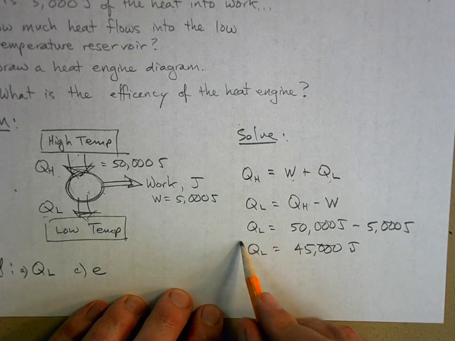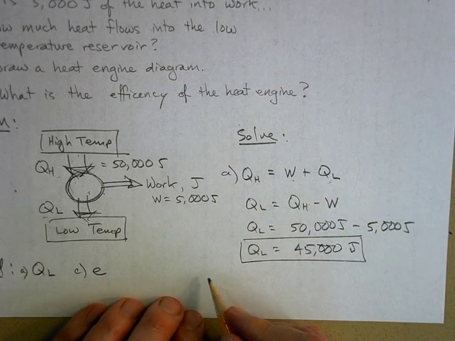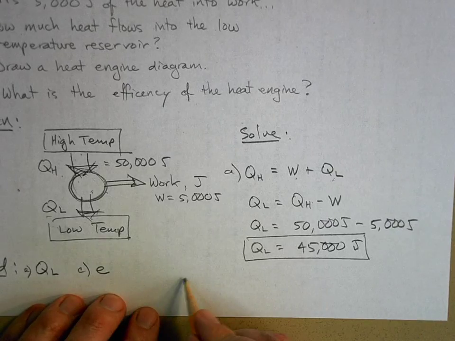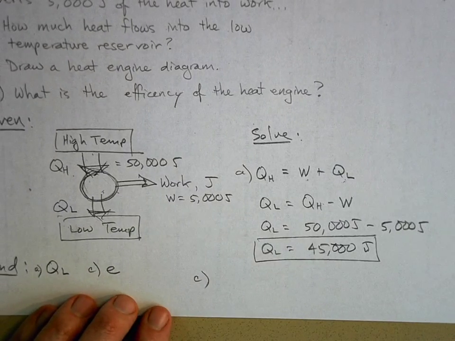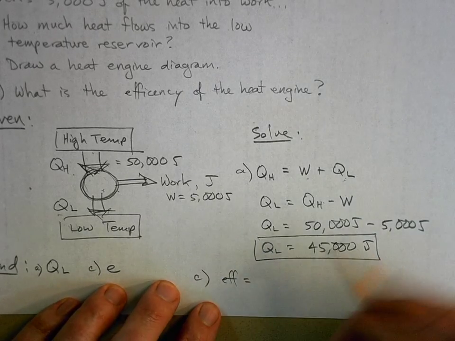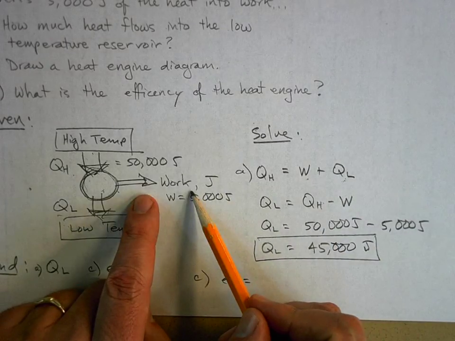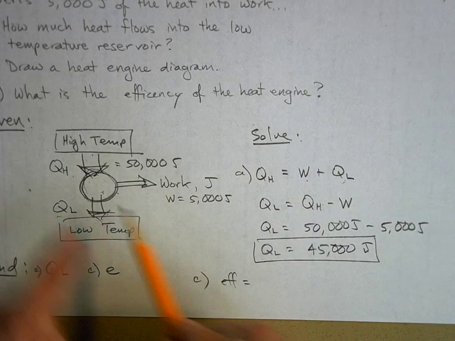So this is our answer for part A. Now for part C. Well, the efficiency is equal to what you get out of it that you want. You want to turn as much of the energy as possible into useful work, divided by what you put in.